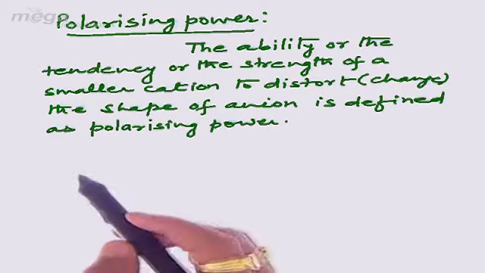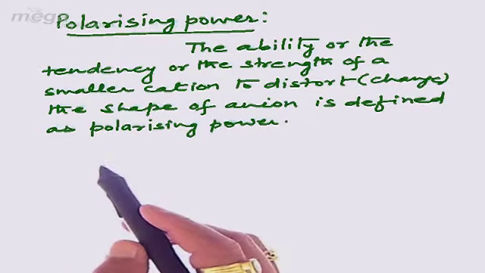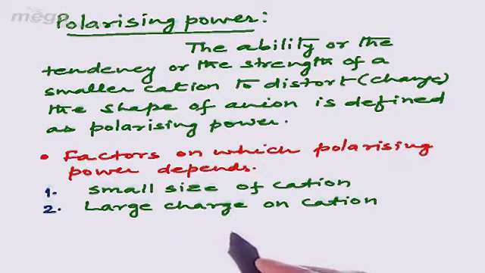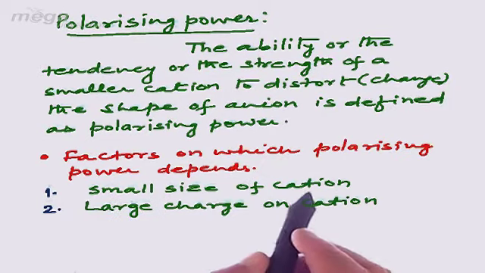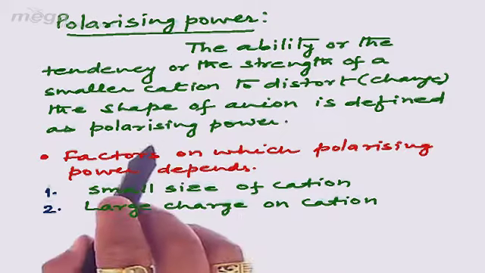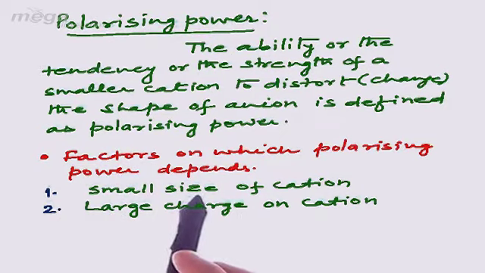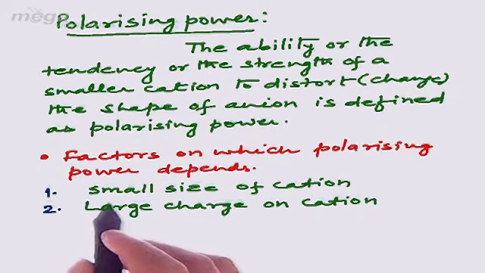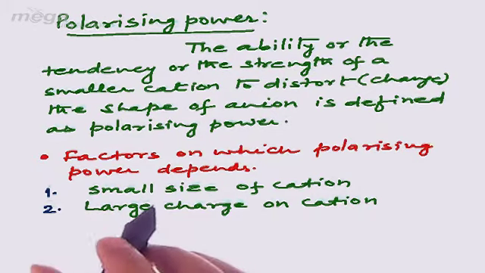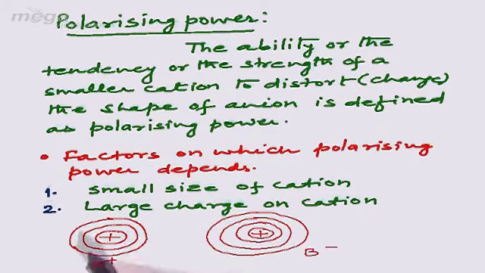Let us discuss on what factors polarizing power depends. With decreasing size of the cation, the polarizing power, or the power of the cation to distort the anion, will increase, because the smaller the size, the closer the approach. As the size of the cation decreases, its nucleus becomes closer and closer to the valence electron of the anion.